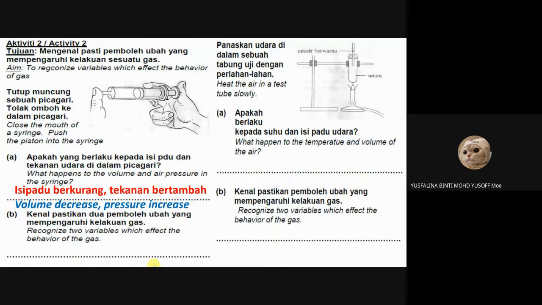When you push the piston here, the volume will decrease. When the volume decreases, what happens to the collisions? The collisions will increase because now the space to move is very small, so the molecules keep hitting the wall of the container frequently. Let me explain again.